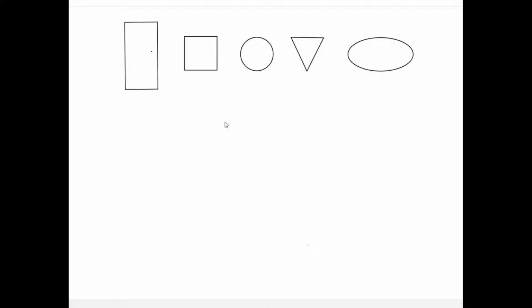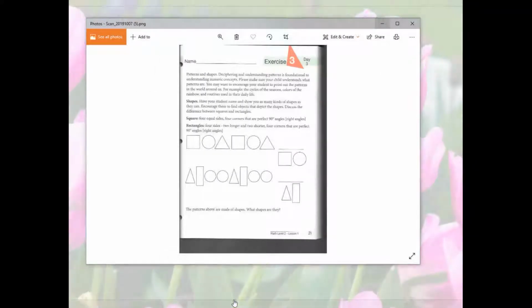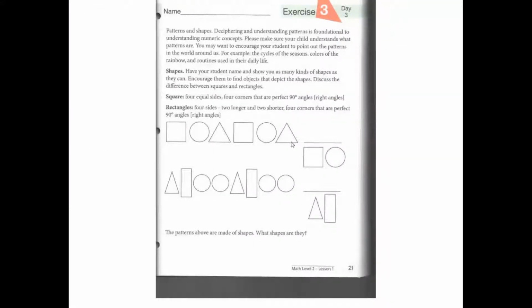Okay? All right, so let's go ahead and take a peek at our page that we're going to look at today. It's got some shapes on it. This is the page that you should have. Now, these angles right here on a square, when they come down and they go straight over like that, and then this here, it goes straight down and straight over.